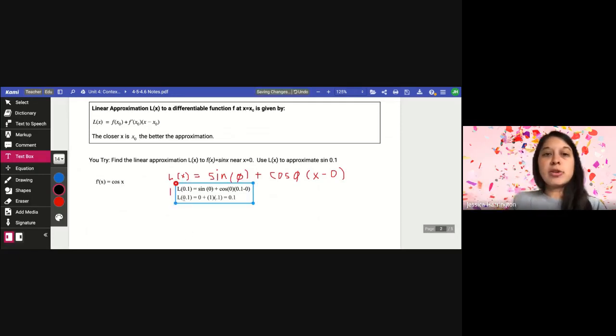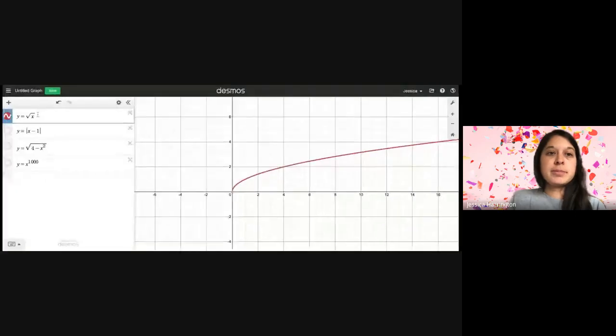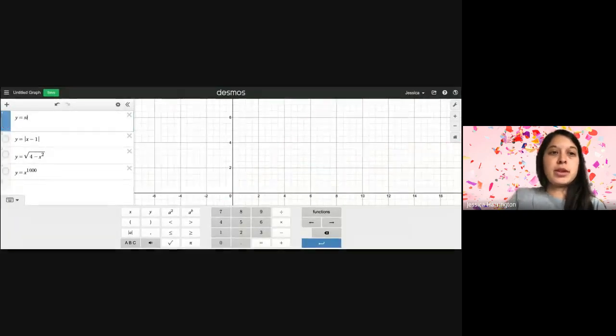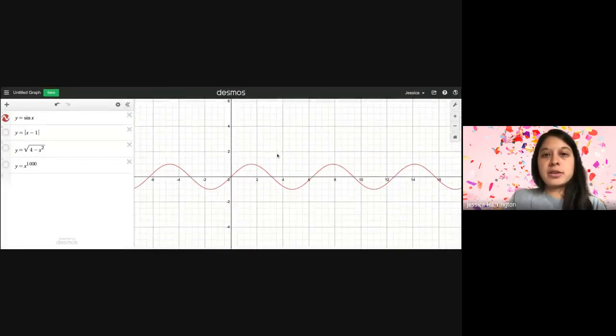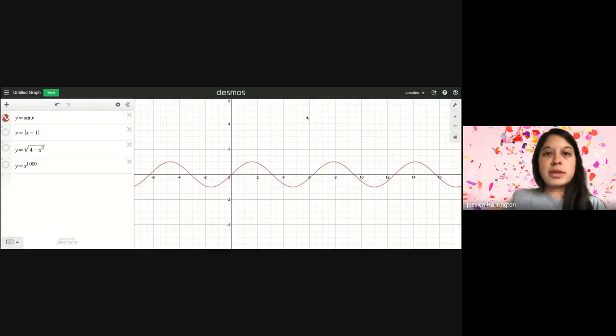So our linear approximation is this right here, what I wrote in red. And we've used that to evaluate the function at 0.1, and we think it's around 0.1. So let's come to Desmos and check. Let's type in sine of x. How close was our approximation? So let's zoom into 0.1.